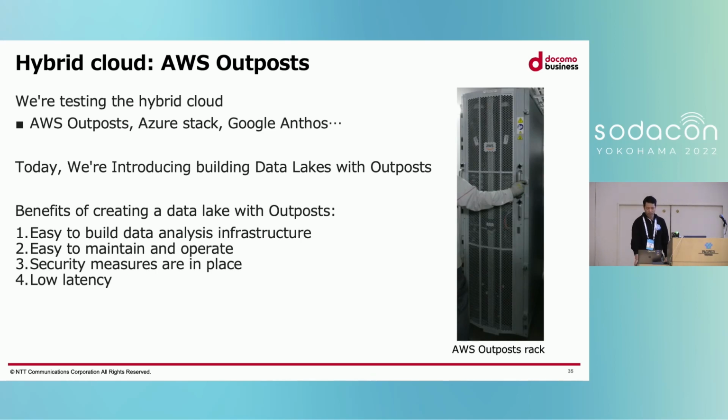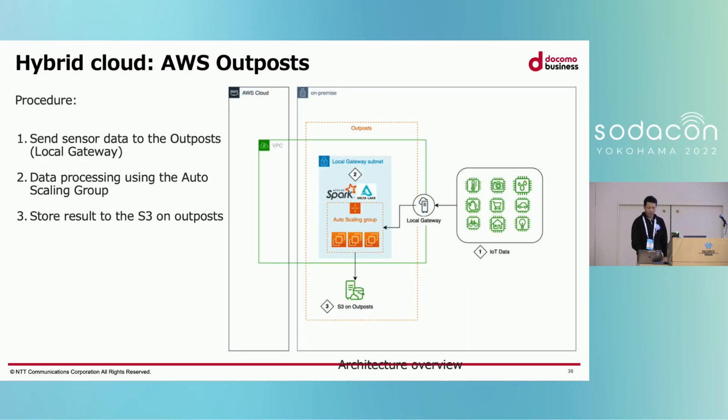Next, we will introduce the architecture of the data lake. First, several IoT sensors send data to AWS Outposts, which can communicate with the on-premise environment using the local gateway. Next, for the data lake, we use Delta Lake, and this storage layer is executed by Spark built in parallel using an auto-scaling group.